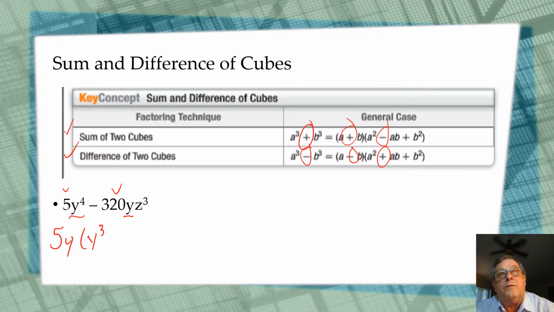Well, 4 times 4 is 16. That's 4 squared. Times 4 again would be 64. So I'm going to write it like this first.